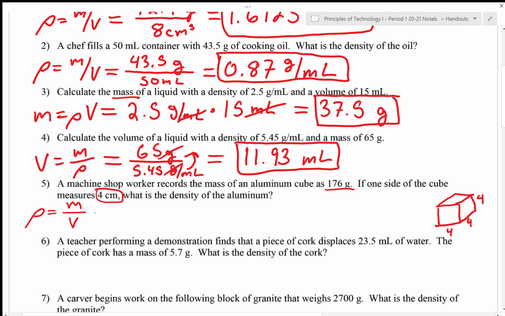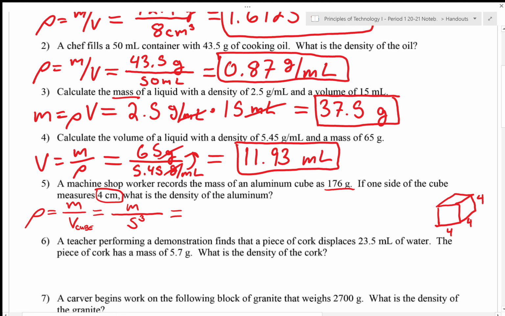In order to find the volume of a cube, the equation for that is multiplying each of the 3 sides together. What that looks like in our equation is mass divided by the length of the sides raised to the 3rd power.